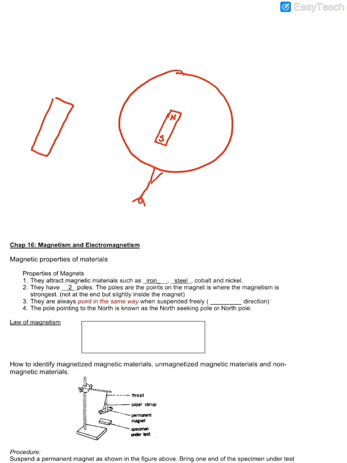Today's lesson: a magnet's North Pole will always look for the Earth's North Pole. This is actually known as the geographic North Pole, and this one is known as the geographic South Pole. But the Earth is actually like a very huge magnet, which here is a south and here is a north.